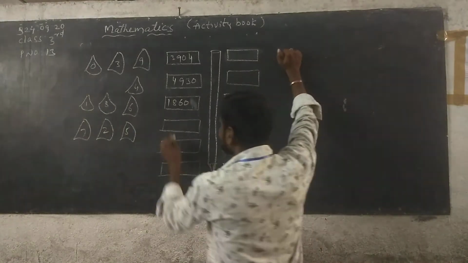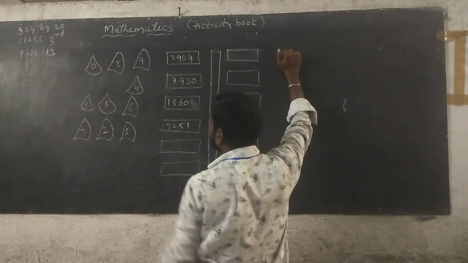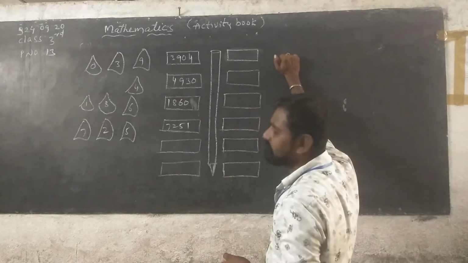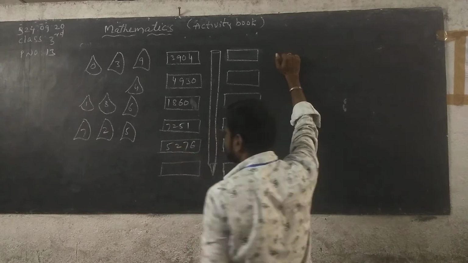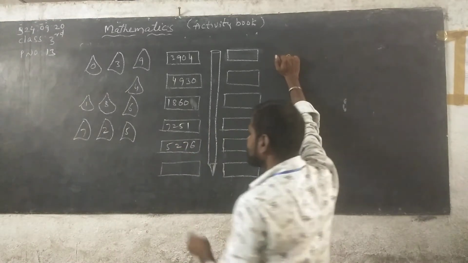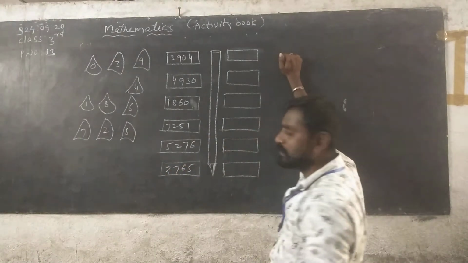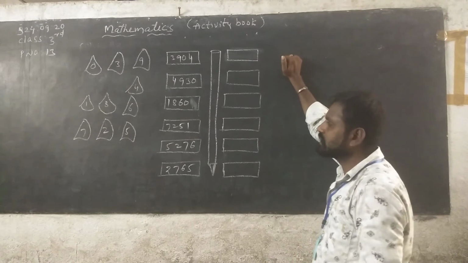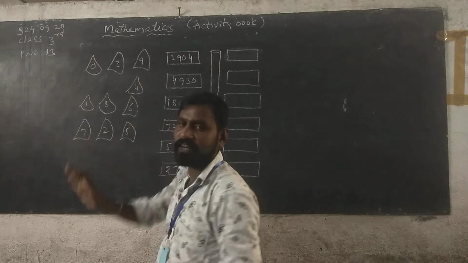Next 7251. Next 5276. Next 2765. So from the given digits, I have to take 4 digits.